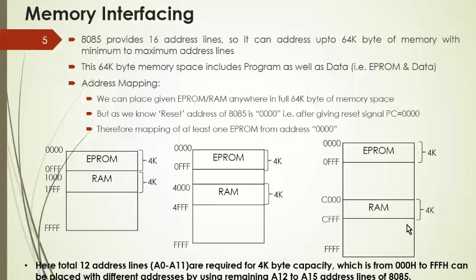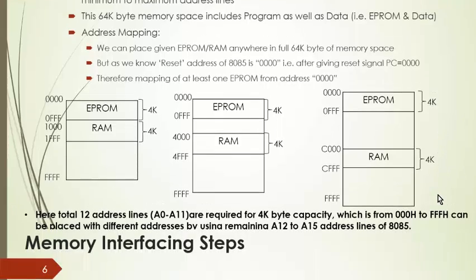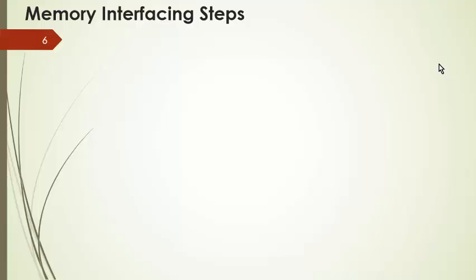So to change the location of RAM in the remaining memory space excluding the EEPROM, we can place this RAM starting from different addresses by using the remaining address lines, that is A12 to A15. Okay, when we move forward to memory interfacing, the picture will become clear how it is possible to map the memory at different memory locations.